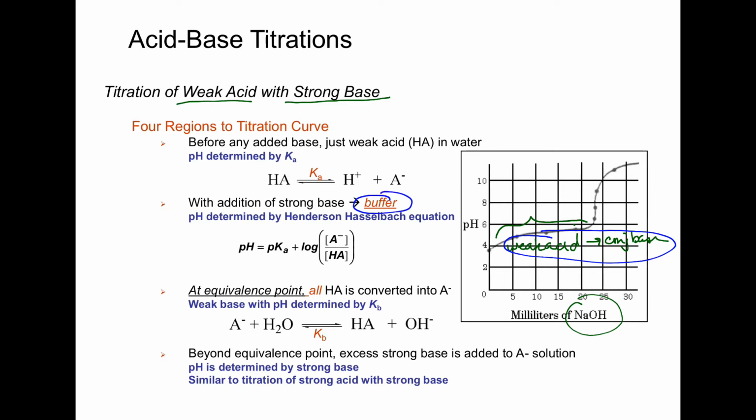And buffer calculations, the pH of a buffer, can be found by using the Henderson-Hasselbalch equation. Later on in this lecture, you'll see that abbreviated HH. And we're going to do a little stoichiometry to find the concentration of the conjugate base and the concentration of the weak acid that's left over, and then we'll be able to find the pH in what we call a buffer region.